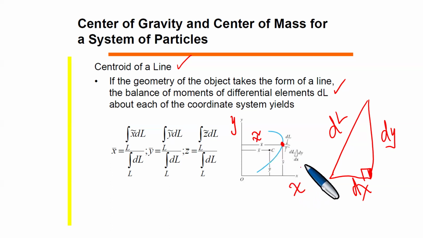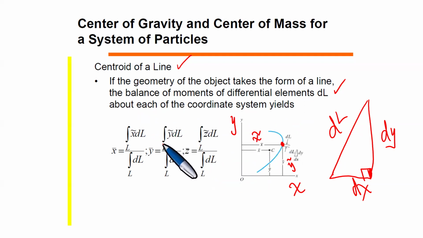Because it's a random particle, its position is x tilde, y tilde, and its associated length for its section of that wire is dl. Then we can say the balance of moments of differential elements dl about each of the coordinate axes yields the following.